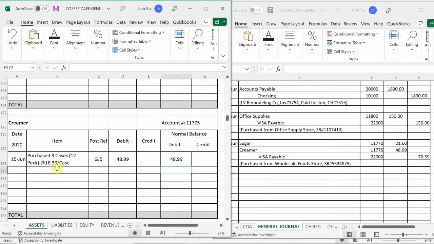I'm assuming it's a 12-ounce bottle, so that's actually a lot of creamer. That's a pretty good deal. Okay, so 48.99.